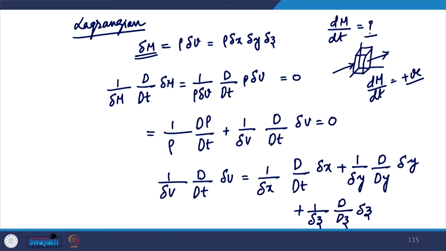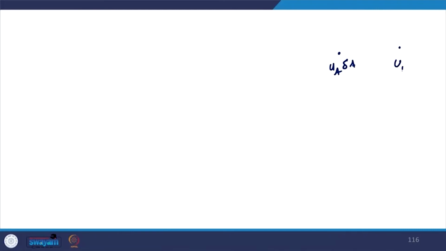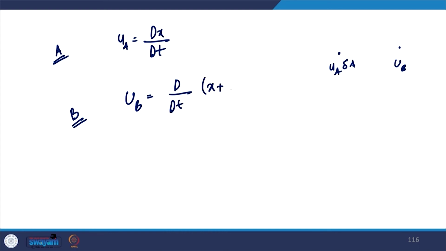Now, since the control volume is moving with the velocity of the fluid, let us consider the fluid is existing at an initial point a with velocity ua, then it moves with a velocity ub, right. So, at the point a, the velocity ua is equal to dx over dt at a, and at b the velocity ub is equal to d by dt of x plus delta x.